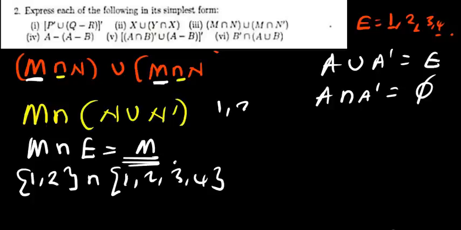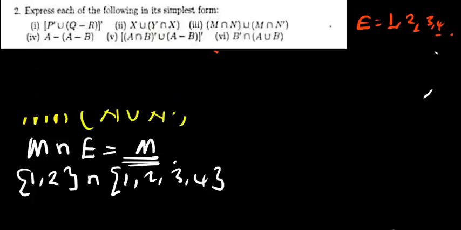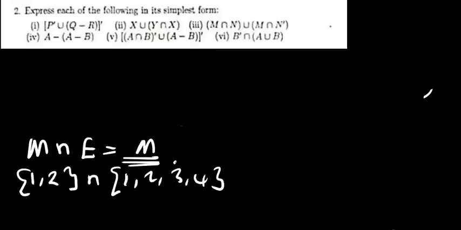Okay, so let's dive into part 4. You can pause the video, try to solve, and then see what I'm going to find. So initially, we have A minus B. Now this minus, we know that minus goes with intersection.